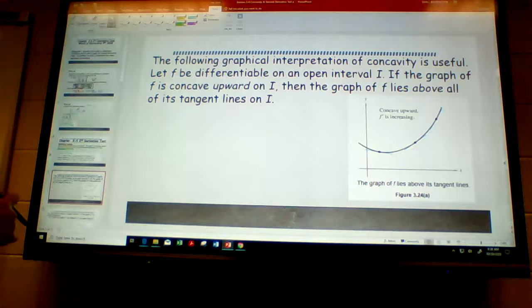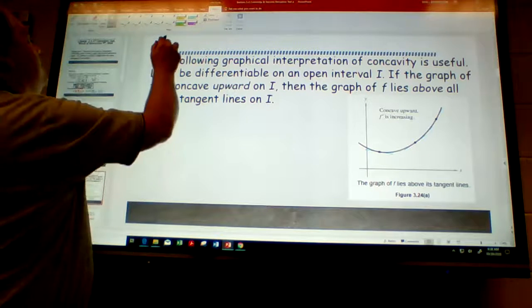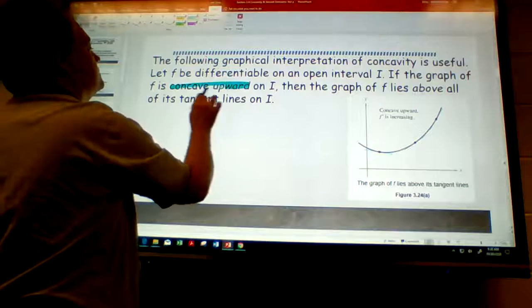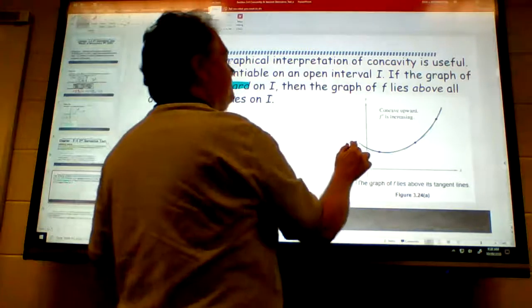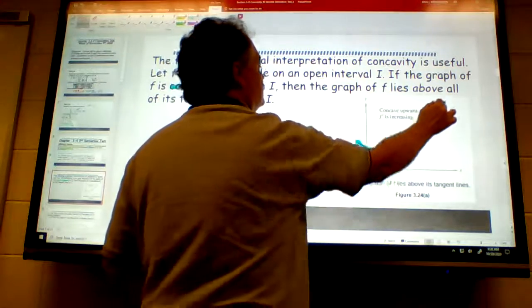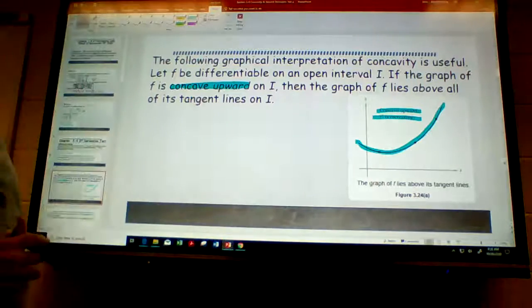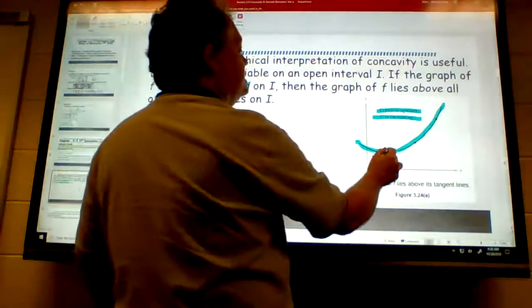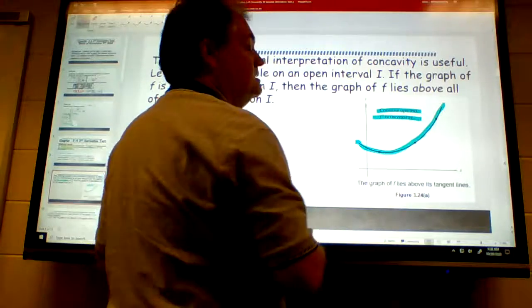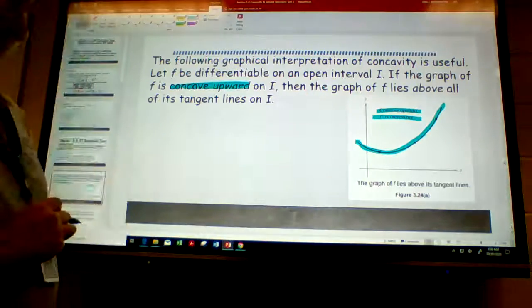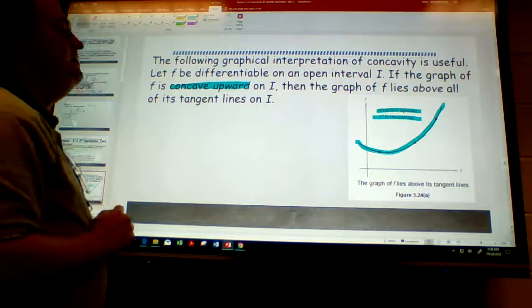Okay, now for this one, the following interpretation is useful. Let f be on an interval. If the graph is concave upward, this is an example of concave upward, and you can see here, f prime is increasing. It's facing upward.